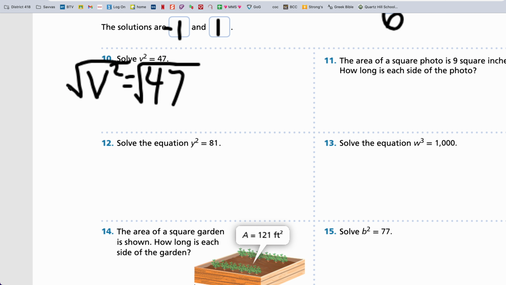Not cube root. It's just a square root. And when I do a square root, what do I have to remember to include? Plus or minus square root of 47. All of that has to be a part of your answer. Don't leave any of that out. Okay? Is that good?